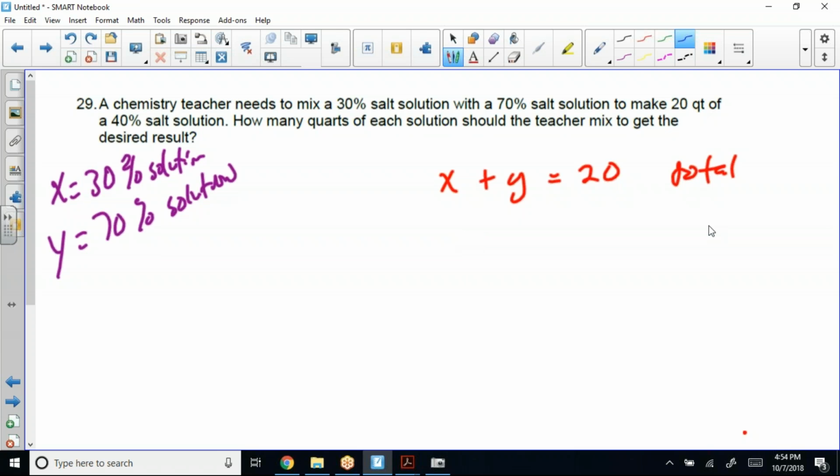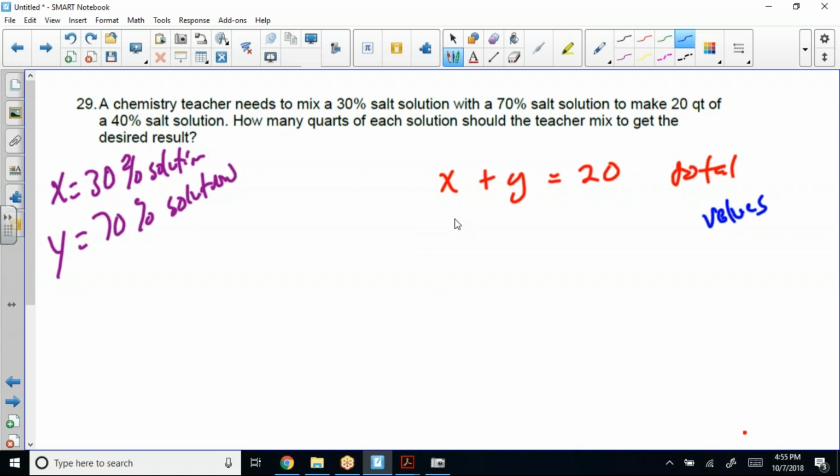You're basically using percent values, right? I'm going to keep them without decimals. You can write this as 0.3 and 0.7 and then 0.4, but I'm not going to do that.